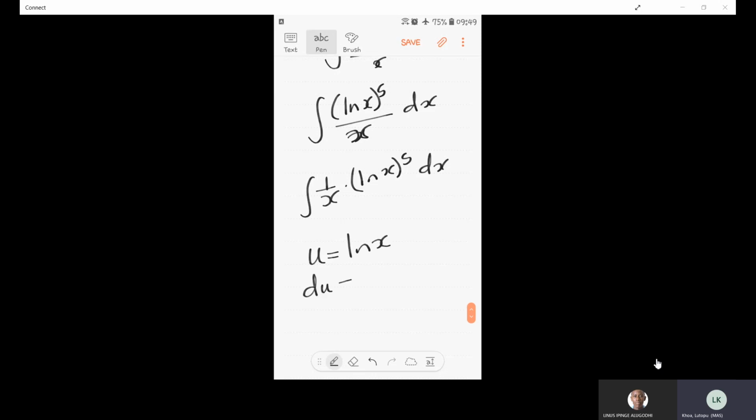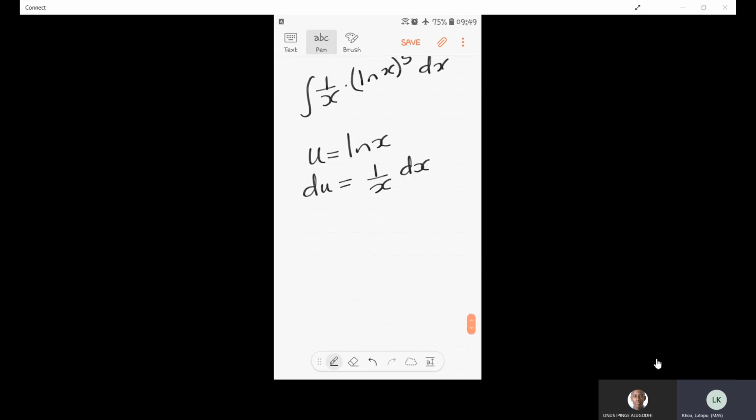This means that du is equal to 1 over x dx, and then I can substitute. So this 1 over x dx, this is going to equal to du, and ln of x is equal to u. So I have the integral of u to the power of 5 du.